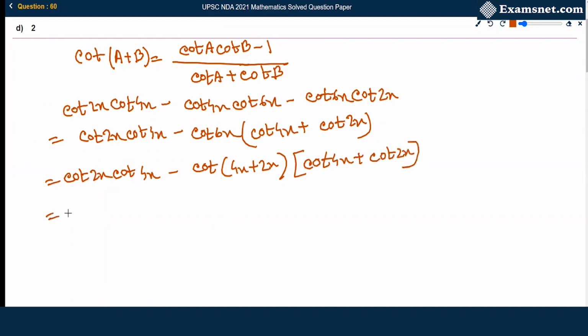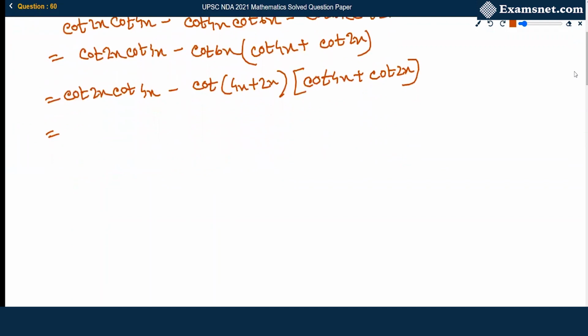So cot 2x cot 4x minus, it's in the form of cot of A plus B, right?